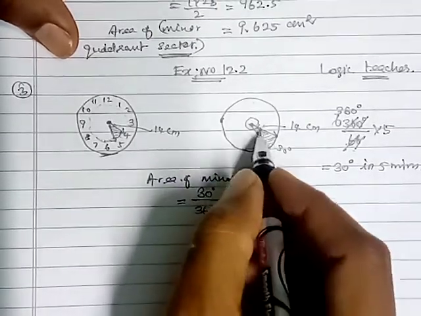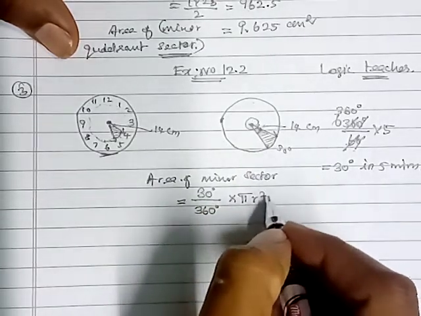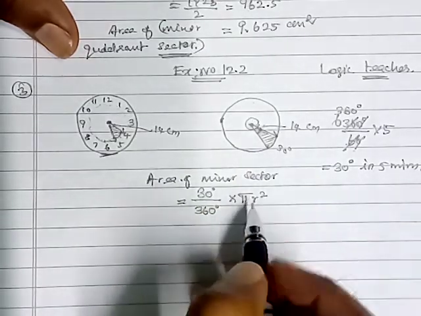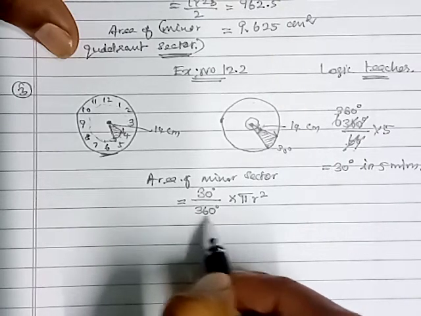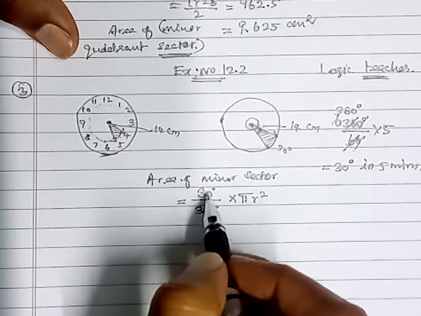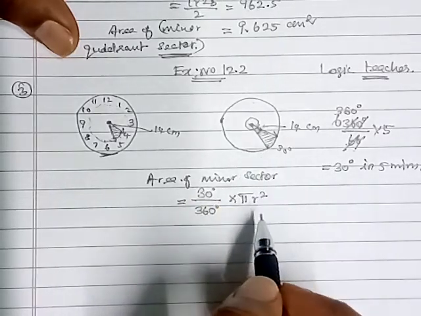So the total area is pi r squared. In this, total angle is 360 degree. For 30 degree, how much area did the minute hand travel?